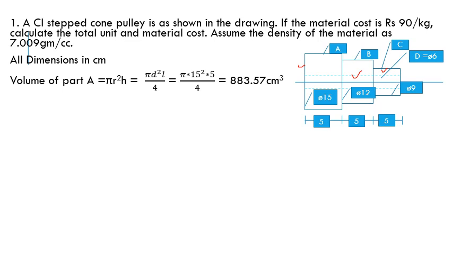I have this part, let me call this A. I have the second part, I will call this B. I have the third part, I will call this C. The hollow part, I will call this D. Now common sense says I add the volume of part A, I add the volume of part B, I add the volume of part C, and then I subtract the volume of D from these three parts, so that I will get the total volume of the entire part.